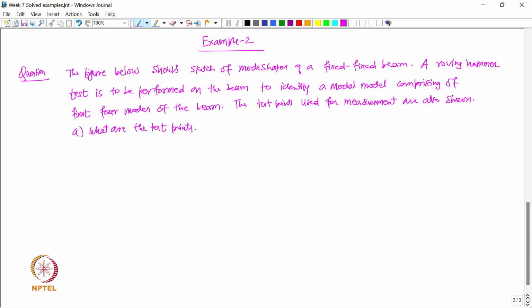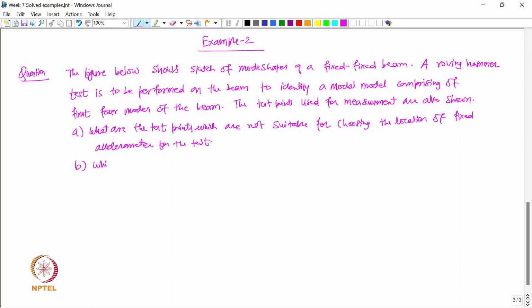Part A of the question is: what are the test points which are not suitable for choosing the location of a fixed accelerometer for the test, and part B is: which points are more suitable.